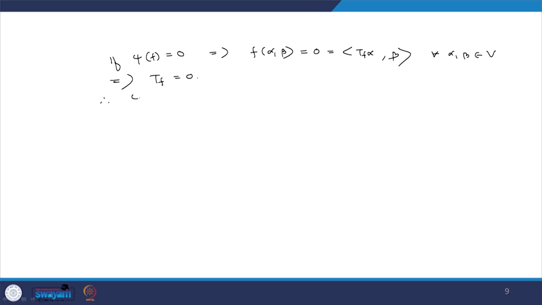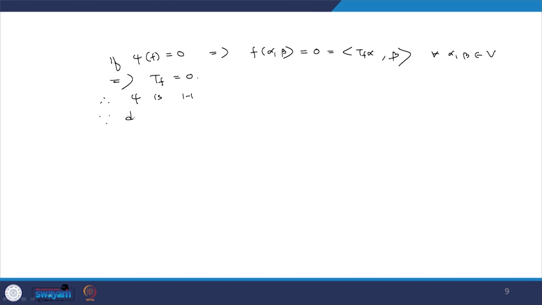So, if psi of f equals 0, this implies f of alpha, beta equals 0, equals inner product of T_f alpha and beta, for all alpha, beta belonging to V. So, this implies that T_f must be equal to 0. So, psi is one-one.